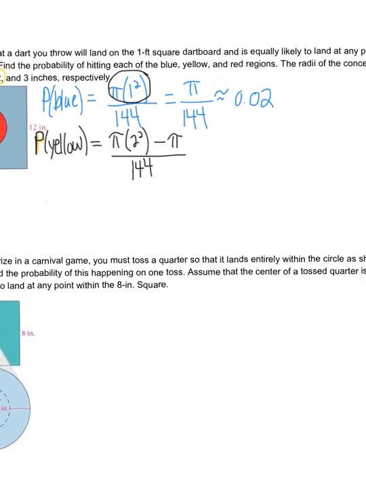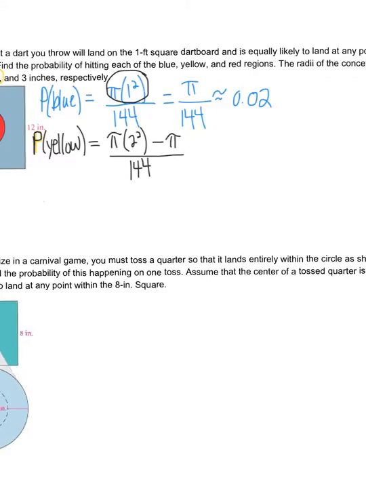If I do some simplification here, I'm going to get 4 pi minus 1 pi, so 4 pi minus 1 pi is going to be 3 pi all over 144. Again, if I use 3.14 in my calculator for pi, I'm going to do 3.14 times 3, and I get 9.42 divided by 144, and I'm going to get 0.07 if I round.